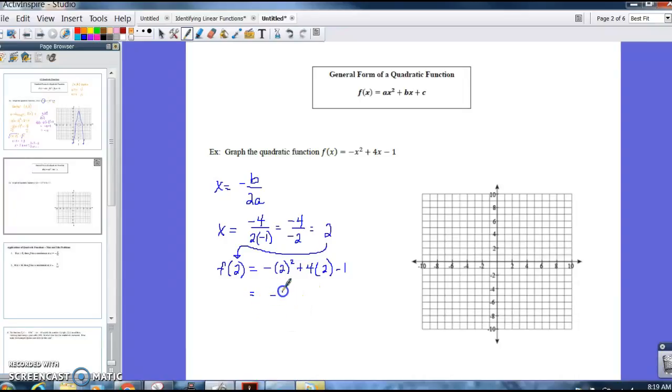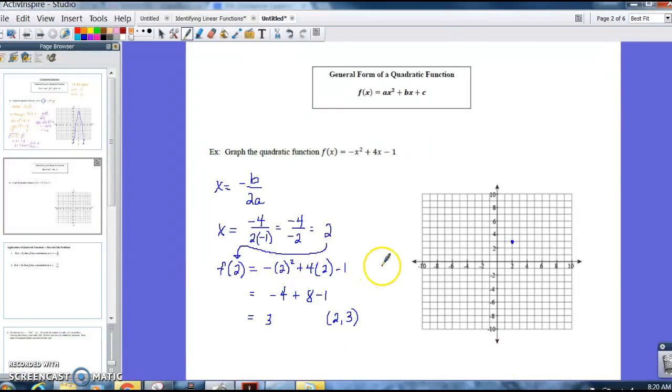So that would be negative 4 plus 8 minus 1, which would give you a total of 3. So my vertex here is going to be at 2, 3. Okay, 2, 3 is my vertex.